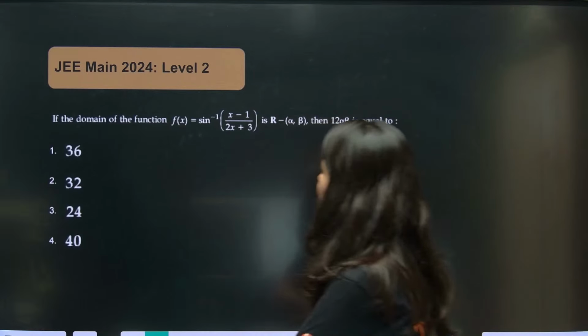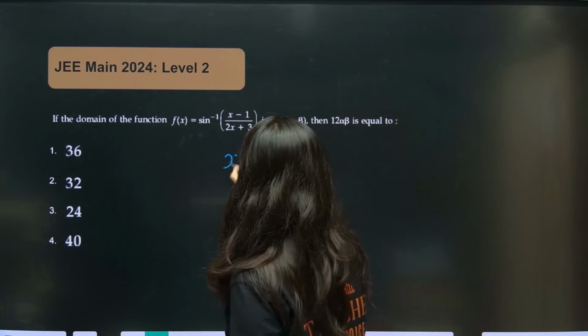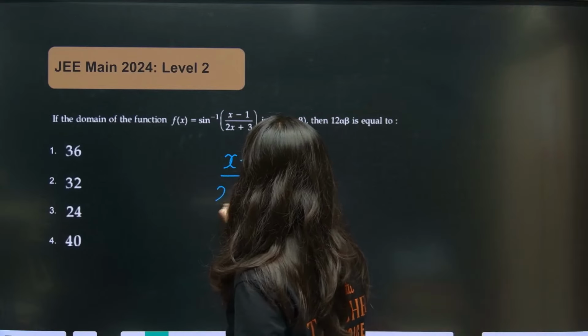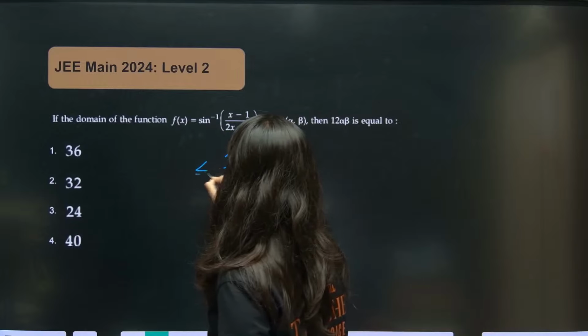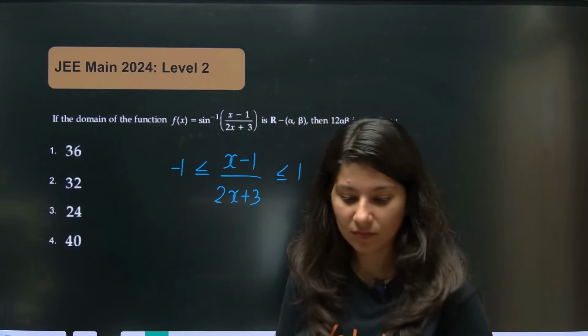So for the domain of this function, what will you do? Ma'am, (x minus 1) upon (2x plus 3) is lying between 1 and minus 1.